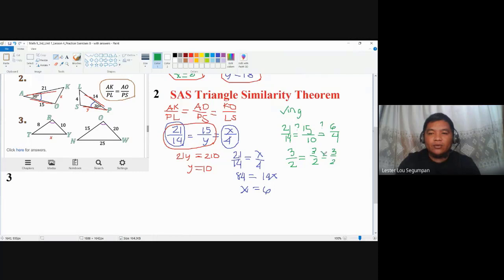So check, check. We are now assured that Y equal to 10 and X equal to 6 are the correct measurements for PS and KO respectively.